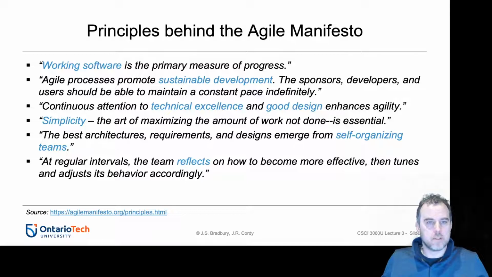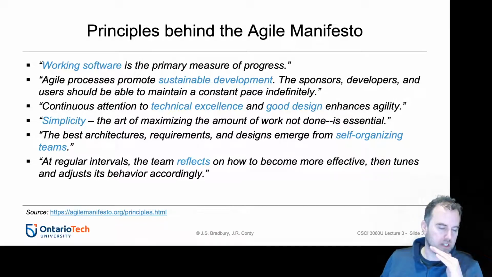Another thing they talk about is promoting sustainable development, meaning that they should maintain a constant pace indefinitely. So this idea that we've got a deadline coming up, everybody has to work 18, 20-hour days, no one's going to get the weekend off, that's not a sustainable way of working, where you ramp up and do a lot of work right before you do a release.